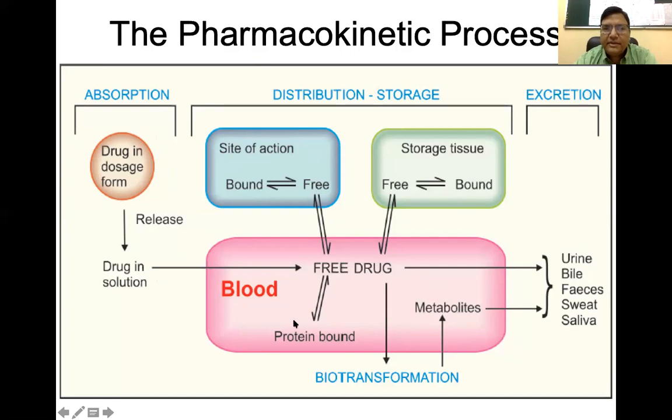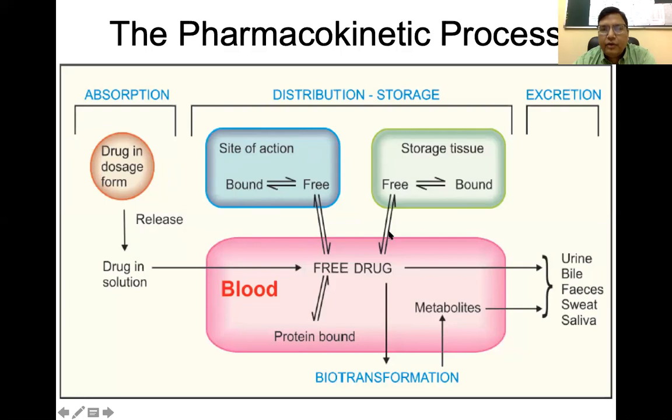Then through the systemic circulation, the drug gets distributed in the body. This free drug can either bind with the plasma proteins and remain there for a longer duration, or go to the site of action where it binds to different receptors, transporters or channels, produces the effect, and then returns to the systemic circulation.